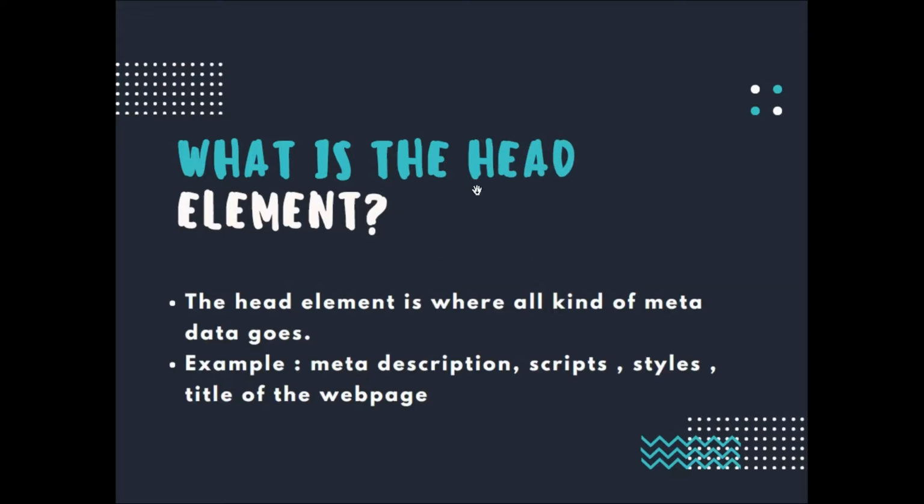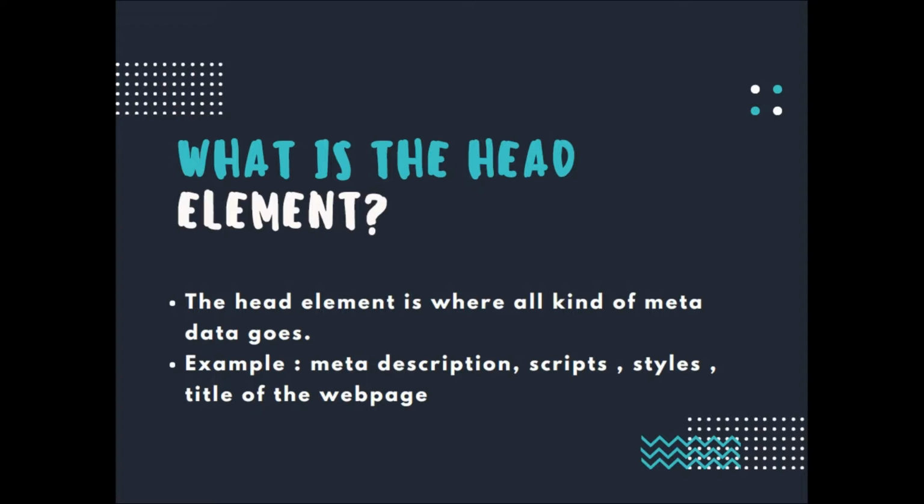The head element, we saw last time that the head element contained the title element. Well, it can also contain any kind of metadata that is related to this HTML web page. An example is the meta description. These are used to give a description about what this particular web page is about.